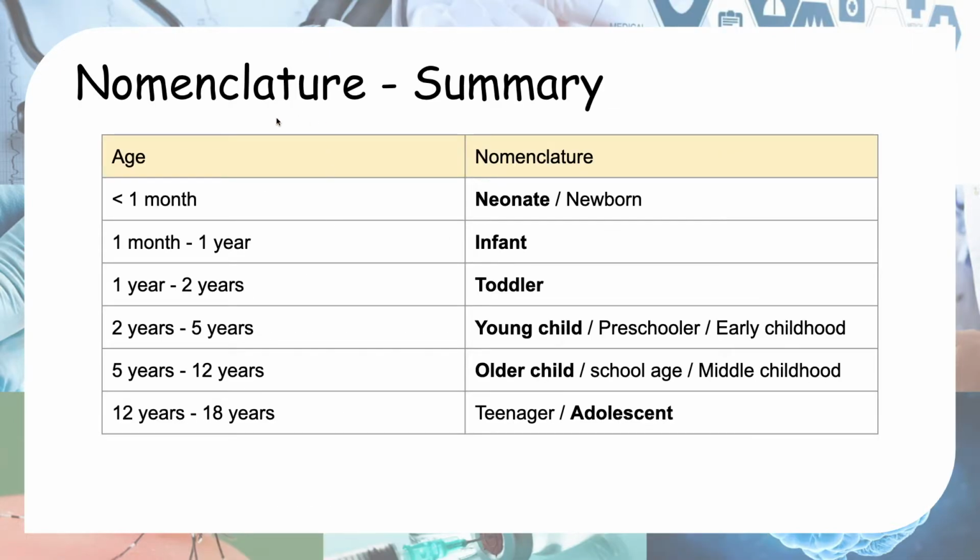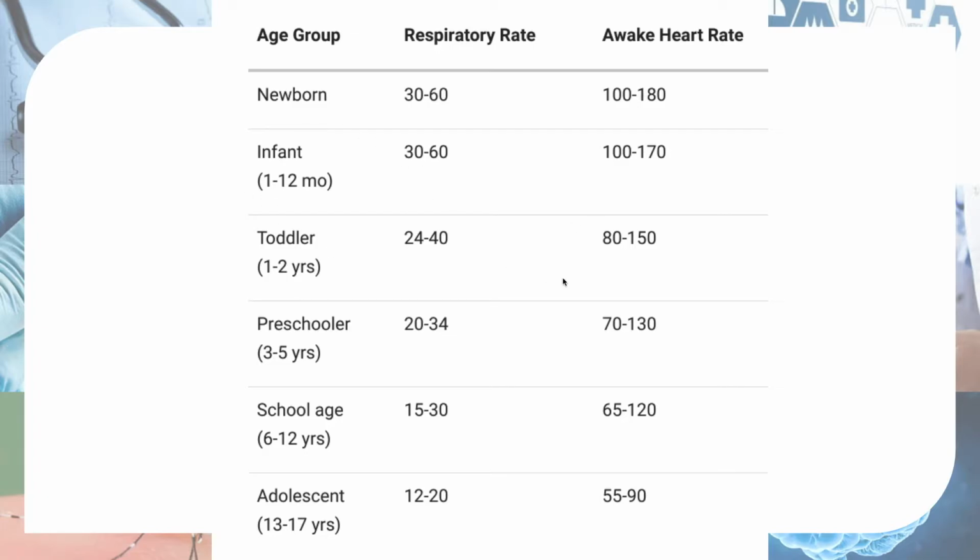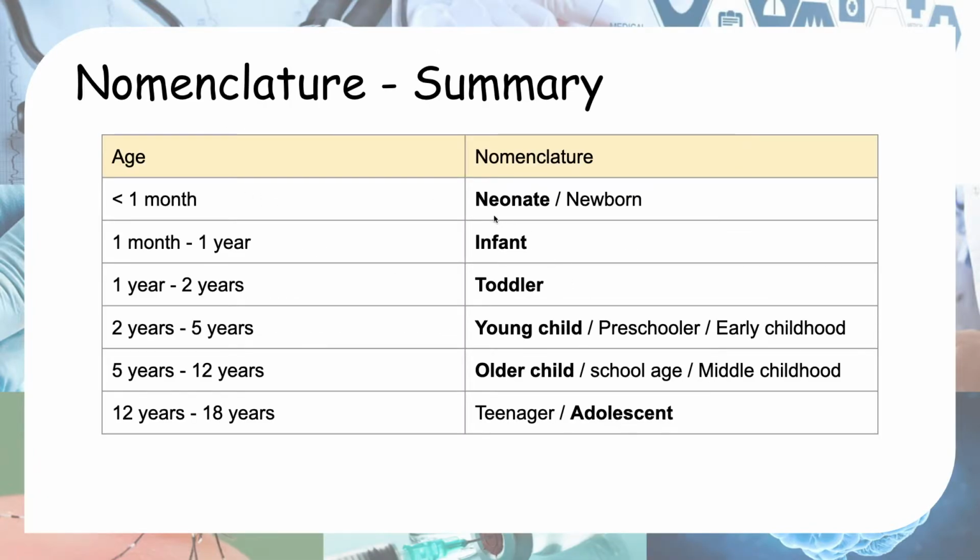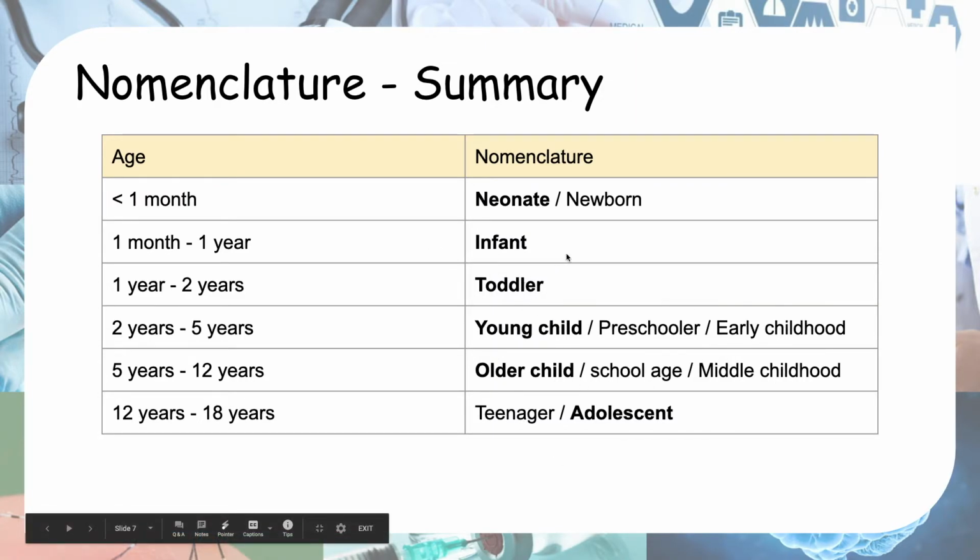So in summary, less than 1 month, you call them neonate or newborn. University of Iowa used newborn instead of neonate. Choose one to remember, and also know that the others mean the same thing. The bold ones are the ones that I chose.